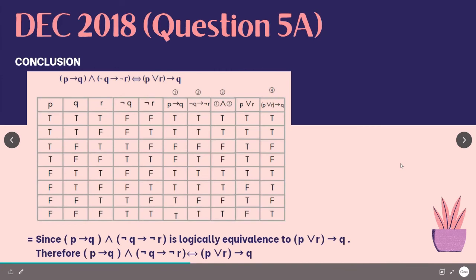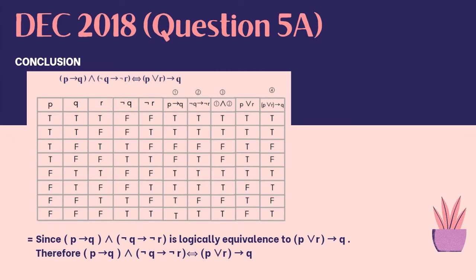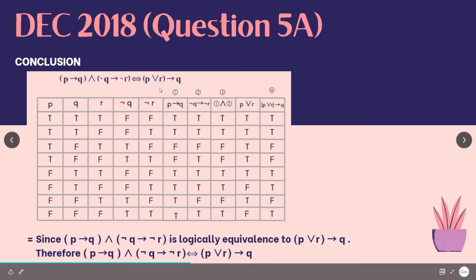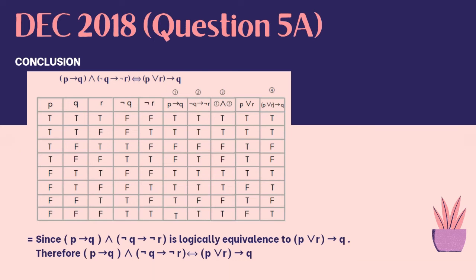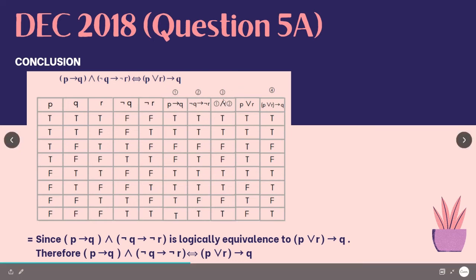So the conclusion of this question is to find whether it is logically equivalent or not. Basically, statement A and statement B need to have the same outcome to be logically equivalent. So it's true, true, true, true, false, false, false, false, true, true, true, true, false, false, true, true.